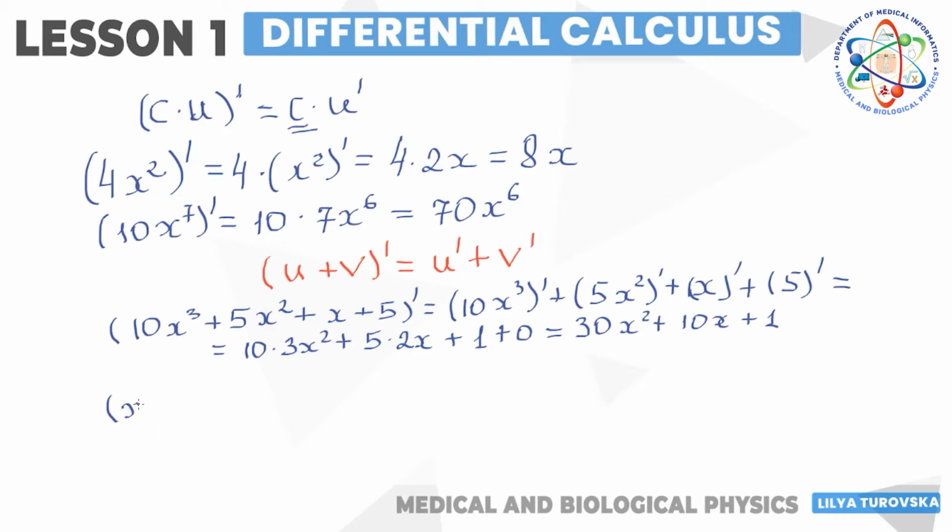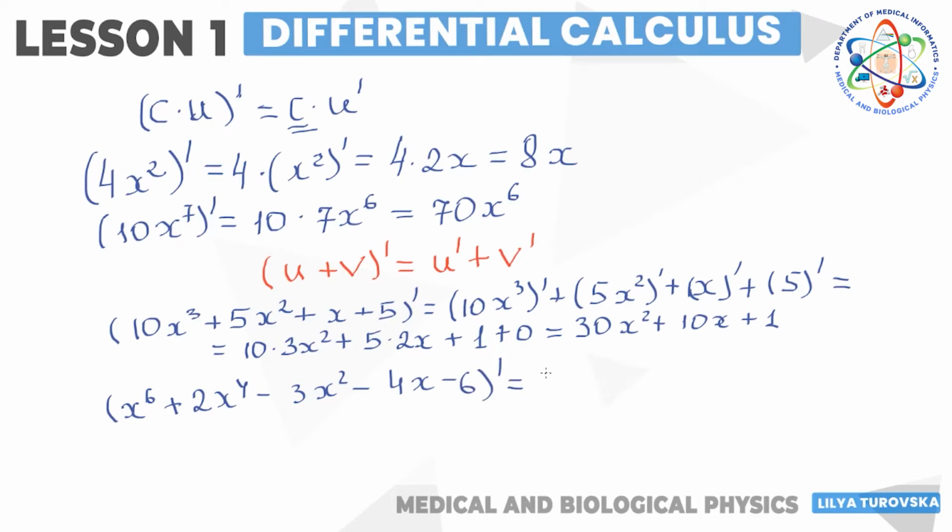Let's try one more example. Let's say we have this function: x to the 6th power plus 2x to the 4th minus 3x squared minus 4x minus 6, and the derivative.